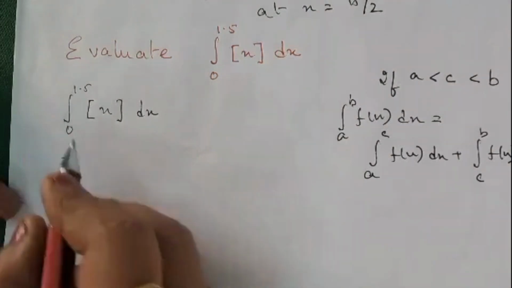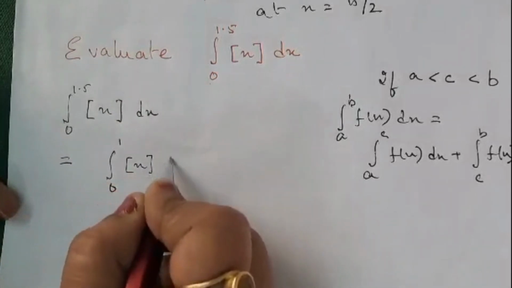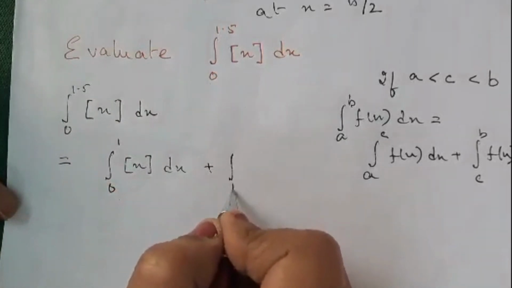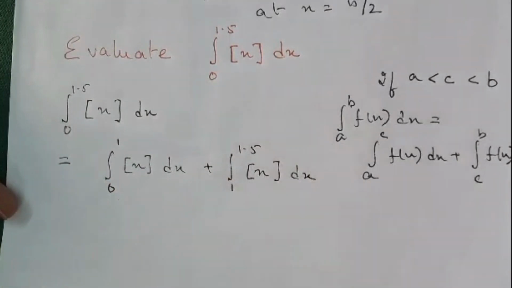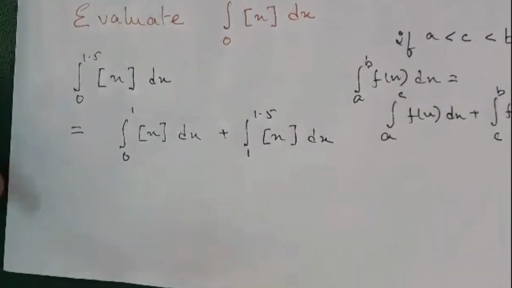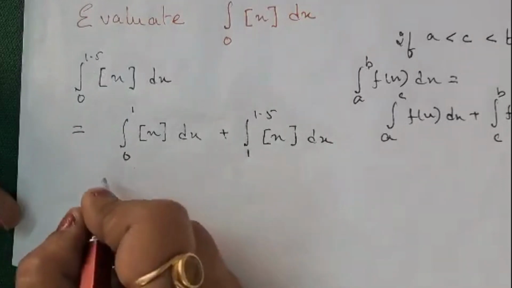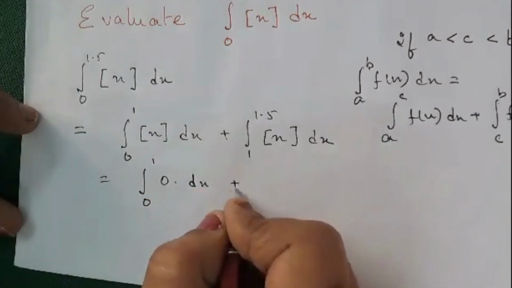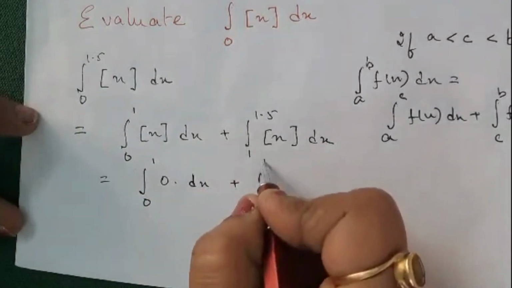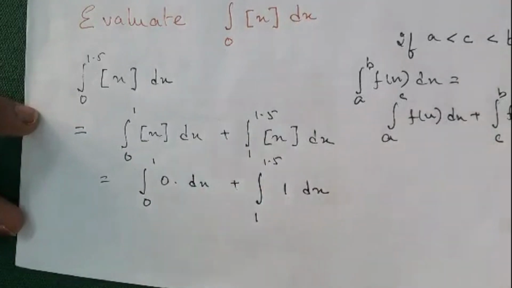So I am breaking up this limit into 0 to 1 box x dx plus 1 to 1.5 box x dx. Now the box value from 0 to 1 is 0. So here we write 0 to 1, 0 into dx, and from 1 to 1.5 its box value is 1, so 1 into dx.